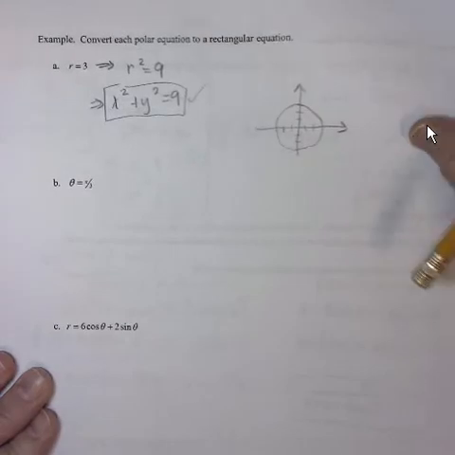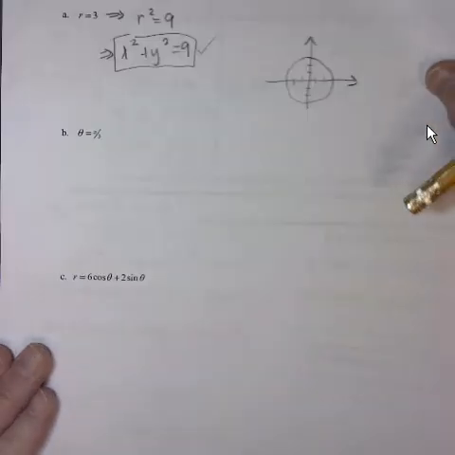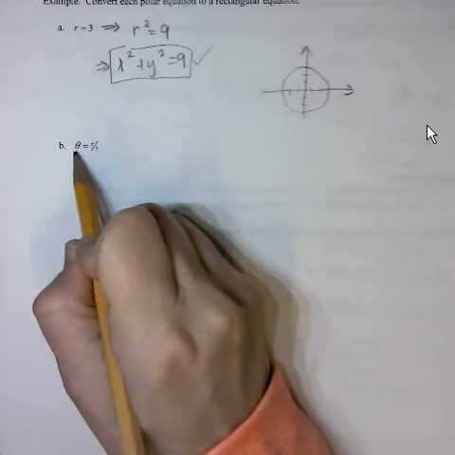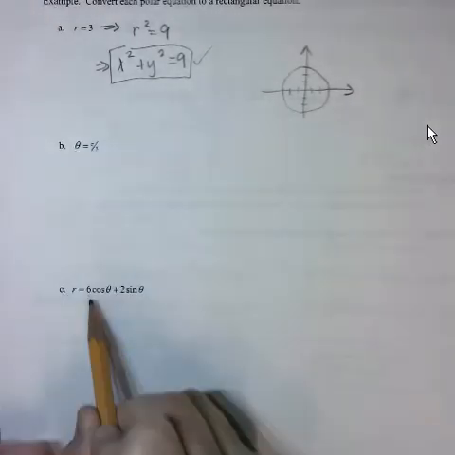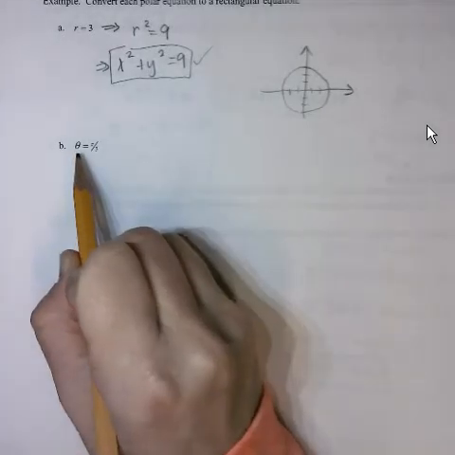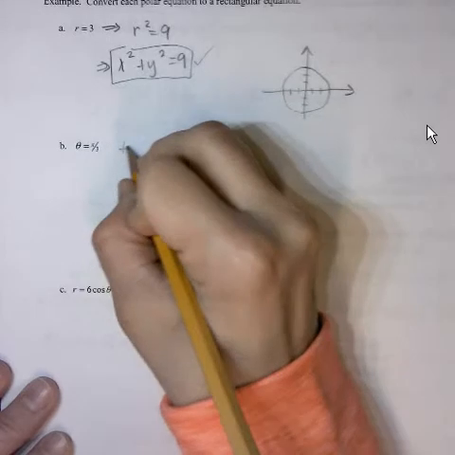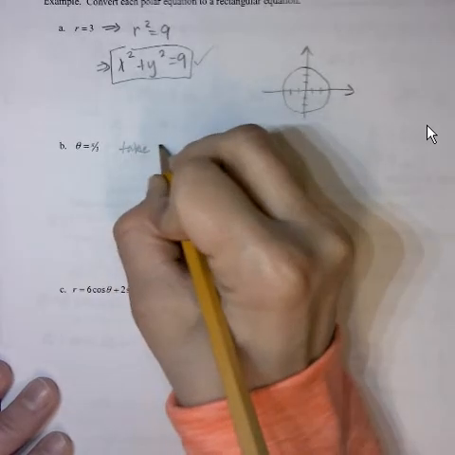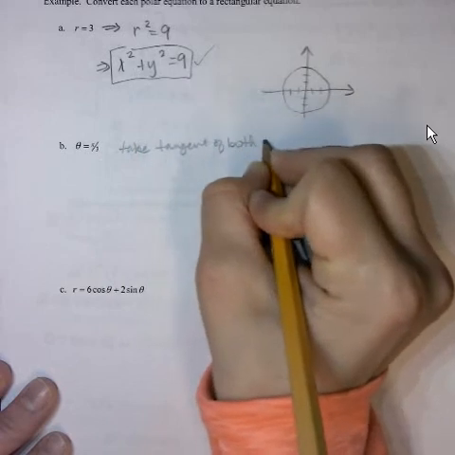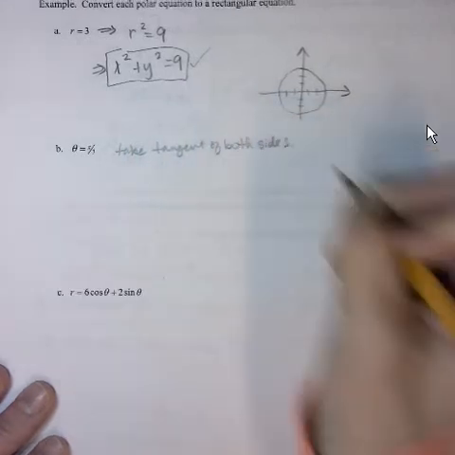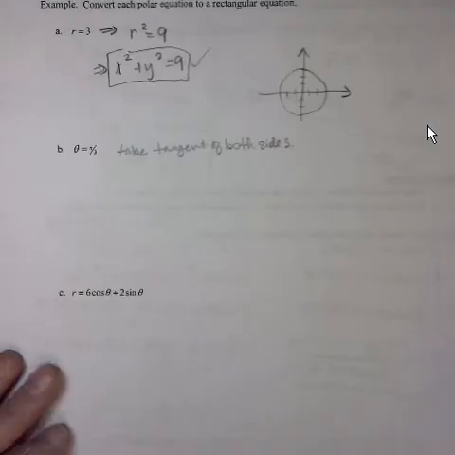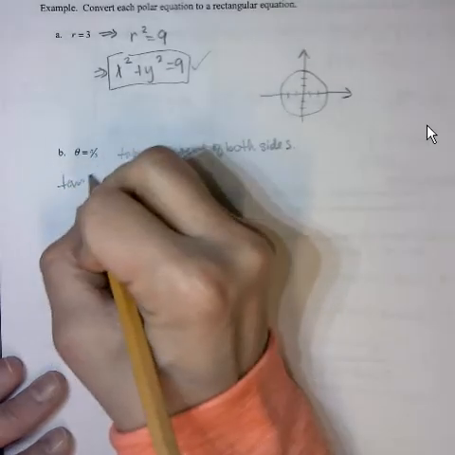All right, when you have just theta and not a function of theta like these, then you want to bring in the tangent of theta. So you want to take the tangent of both sides so that you can use this equation. So tangent of theta equals the tangent of pi over 3.